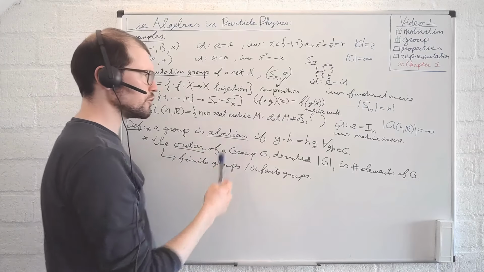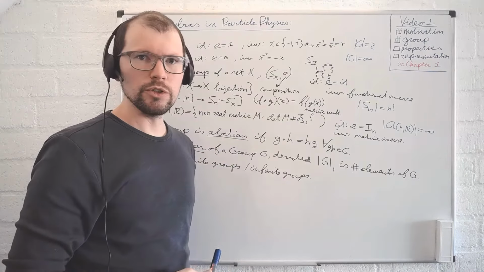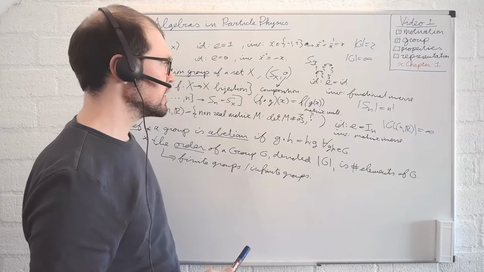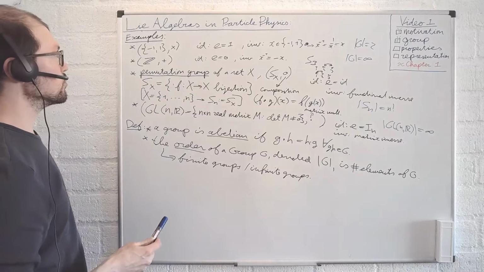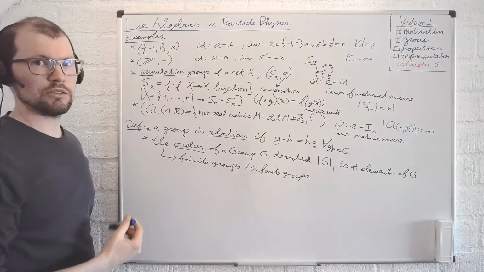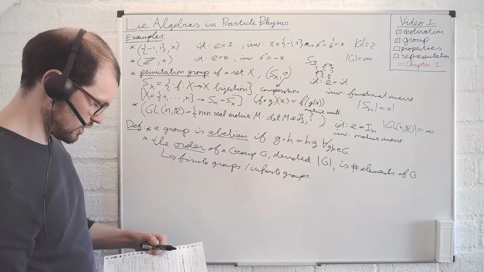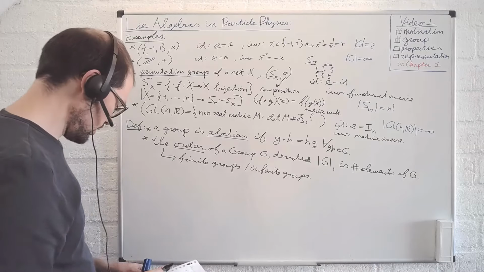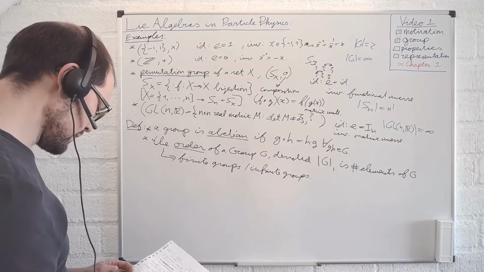Such continuous groups will play a very important role later on in this course, and they are exactly what are called Lie groups. And Lie groups are closely related to Lie algebras. Okay, so that's just a quick peek ahead.